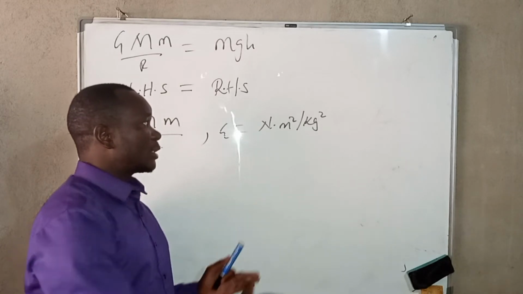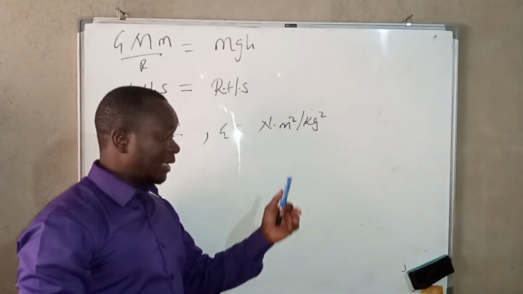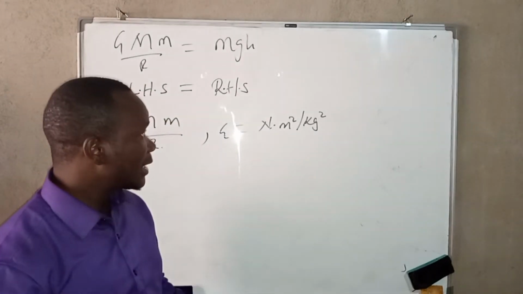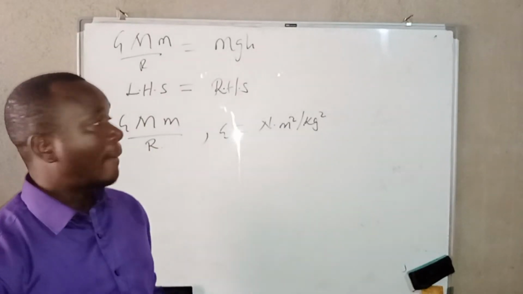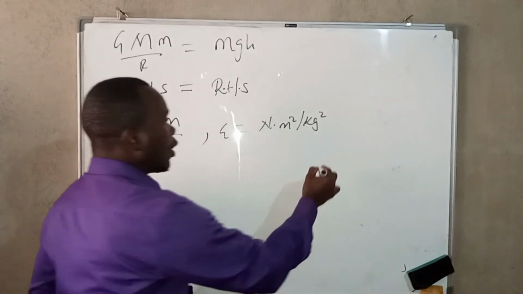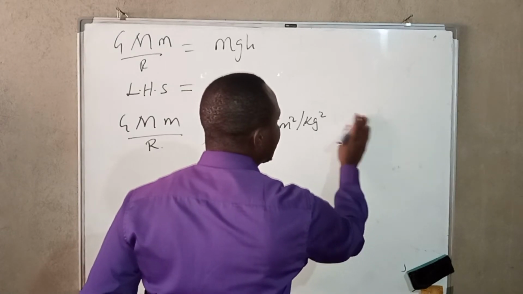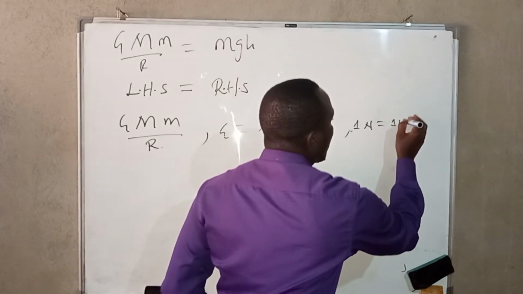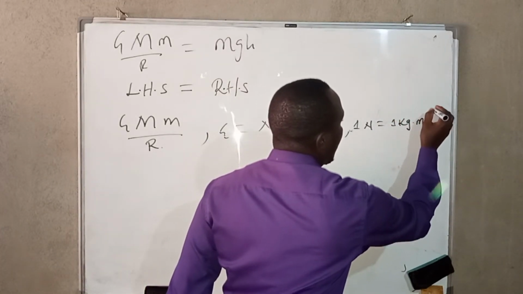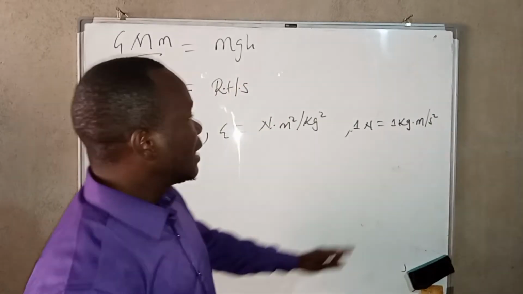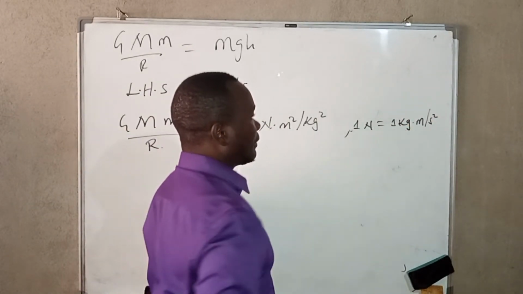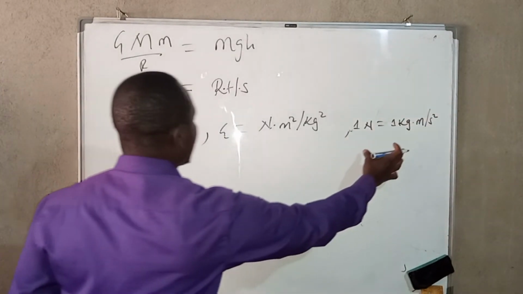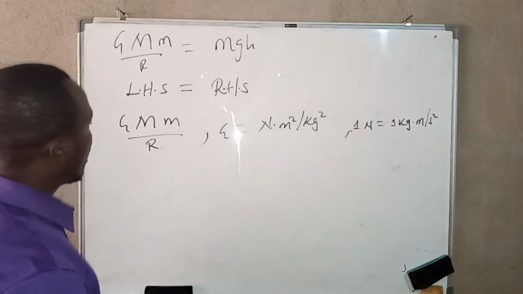So 1 Newton is 1 kg meter per second squared in terms of units, because it's the force produced when this mass is given this acceleration. Now, from this, I think we can plug in the values.